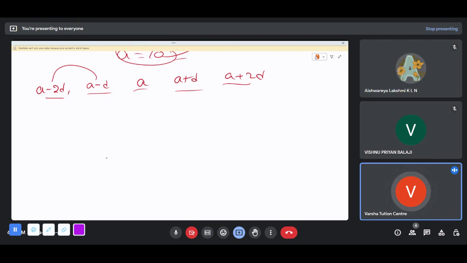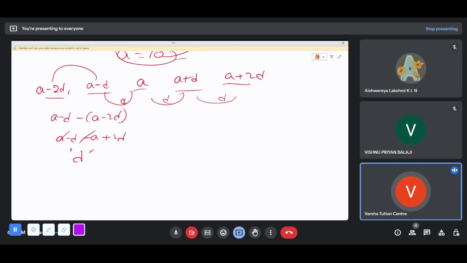Suppose I subtract these two, A minus D minus (A minus 2D), that is A minus D minus A plus 2D. A cancels. Minus D plus 2D, how much is the value? D. Correct? So you are able to get D for every pair.